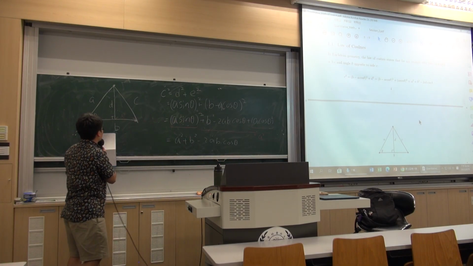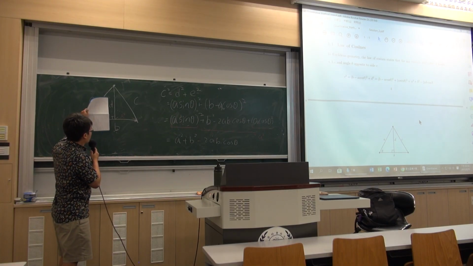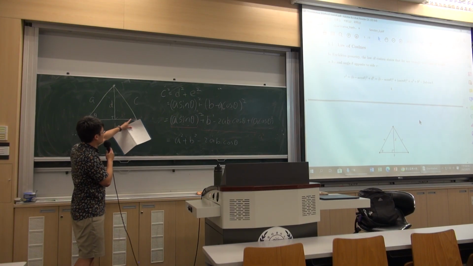For any triangle here, you can draw a vertical line on the side B.